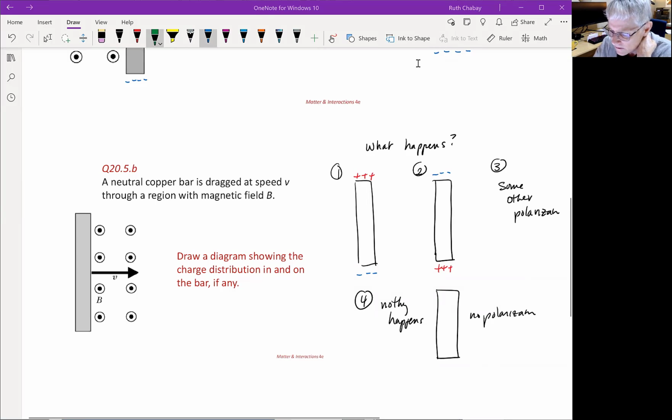So we'll consider an electron here inside the bar. The bar is moving to the right here with speed v.